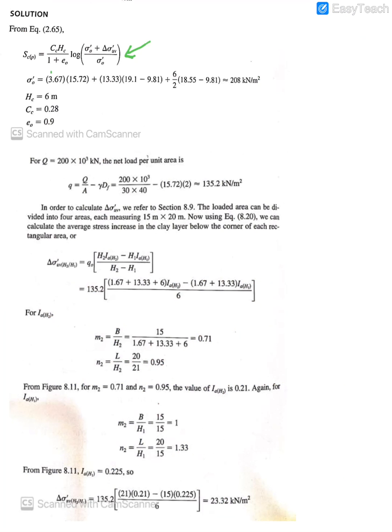Alright, so first you have to calculate sigma naught prime.